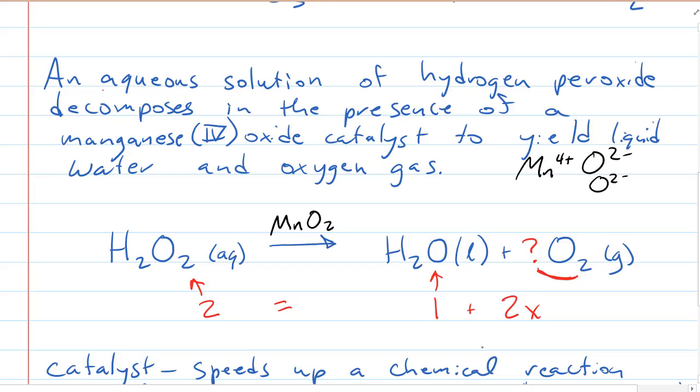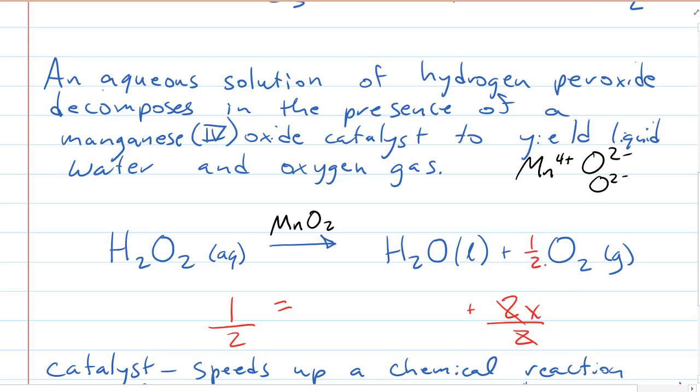So this now is your algebraic equation that shows what we need to do. We then subtract 1 from each side. Once we subtract 1 from each side, we find out that this is a 1 over here, and we subtract the 1, so that's a 0 now at this point. So we now have 2x is equal to 1. To solve for x, we then divide each side by 2. We find out that x is equal to 1/2. And so put in the 1/2.